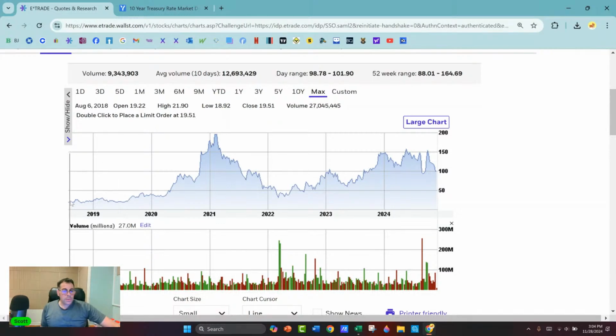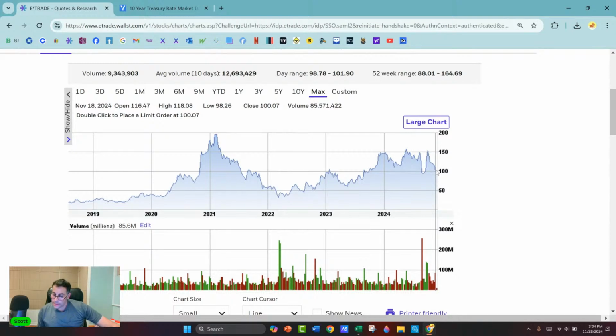Okay, so it IPO'd in 2018 at $20. The peak was 200 in 2021. I remember it came down a lot, so it got down to around 40. It never got back to IPO price. It ran up to 150. It's been coming down a lot. It's down to 100.